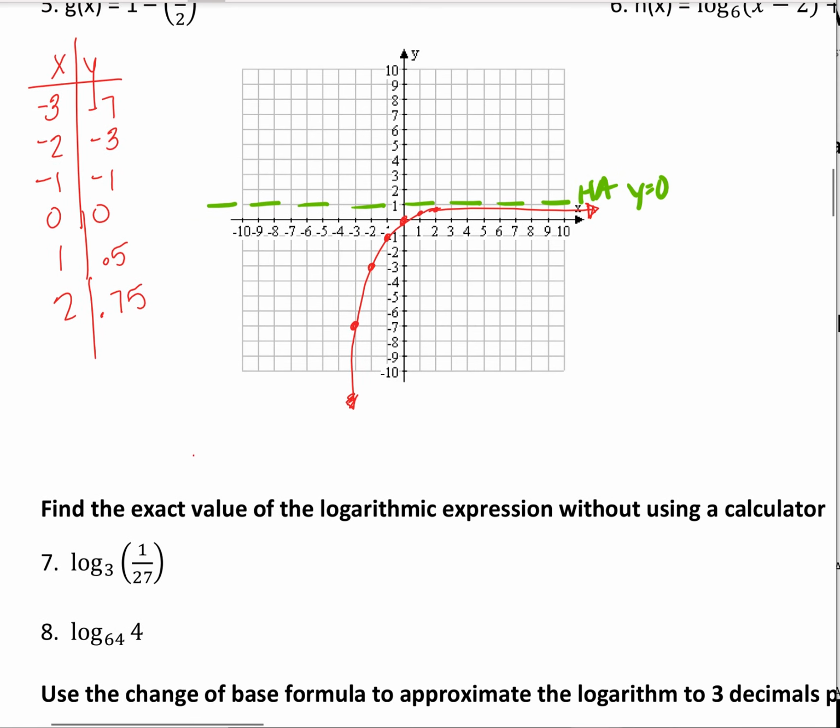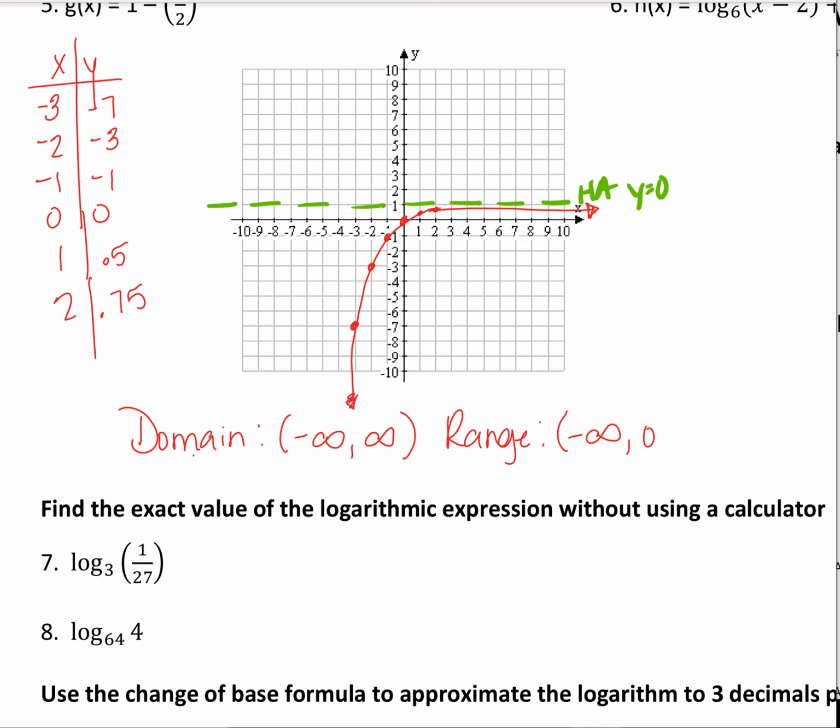And we're going to say that our domain is from -infinity to +infinity. Our range from the bottom goes on to -infinity, but it is impacted at the top by that, not 0, but 1. I don't know why I put a 0. It should be a 1. So my horizontal asymptote is actually 1, not 0.